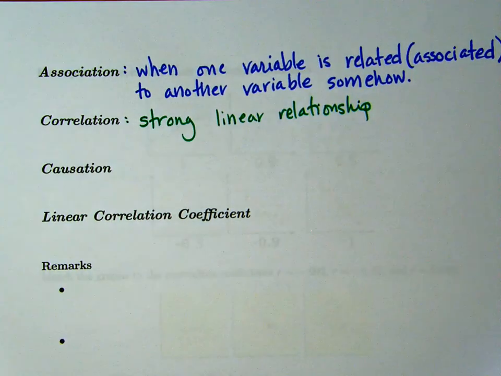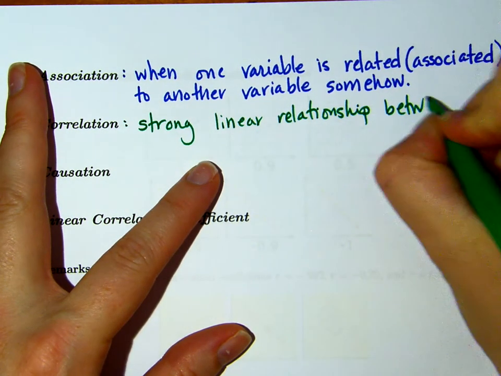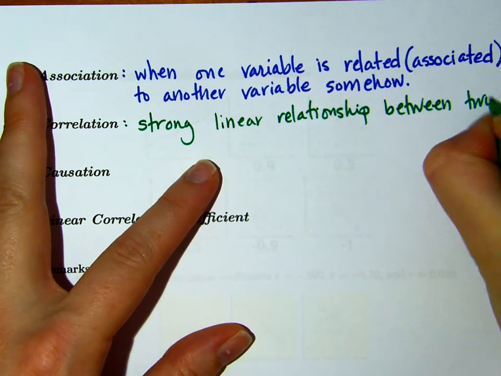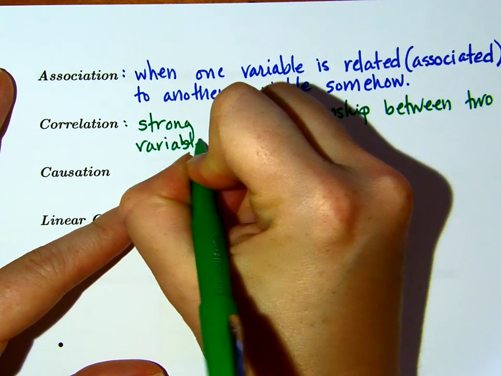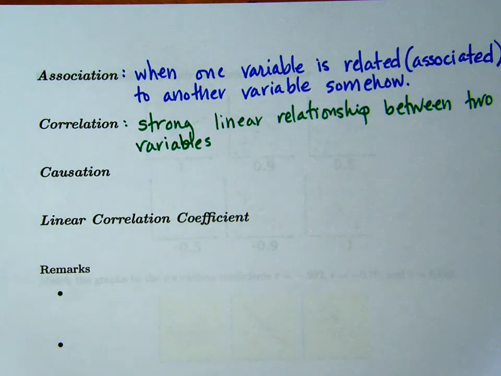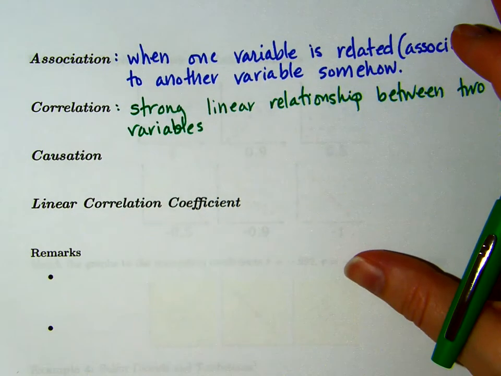Okay? Maybe I'll put strong linear relationship between two variables. Okay, so if there's a strong linear relationship, then we actually use the term, they're correlated to each other.